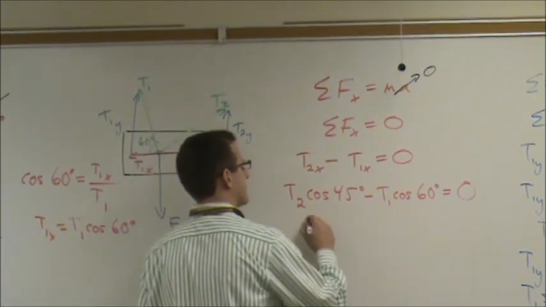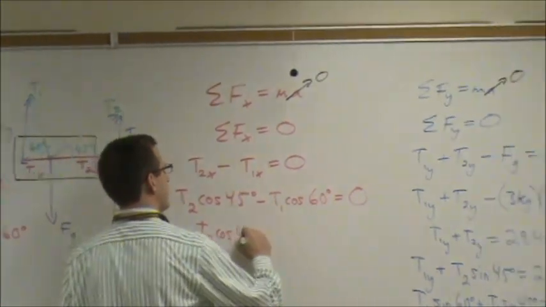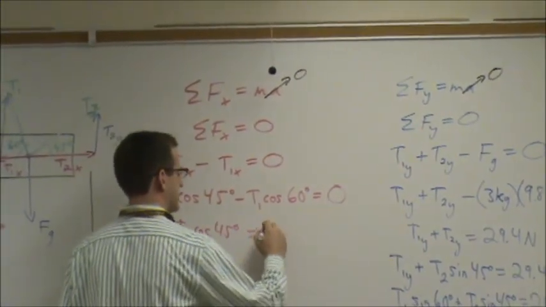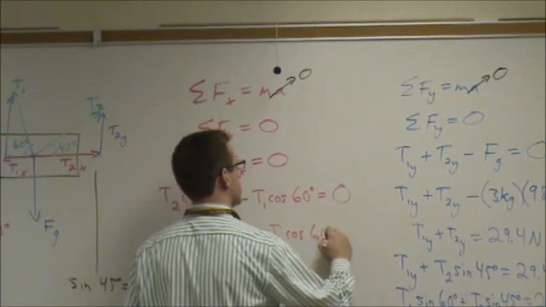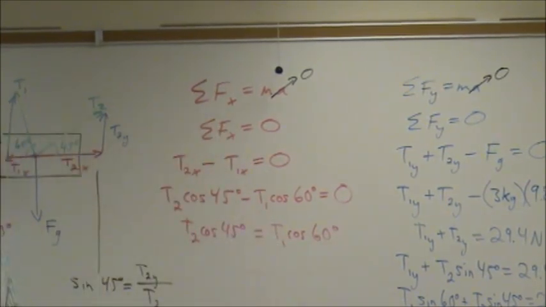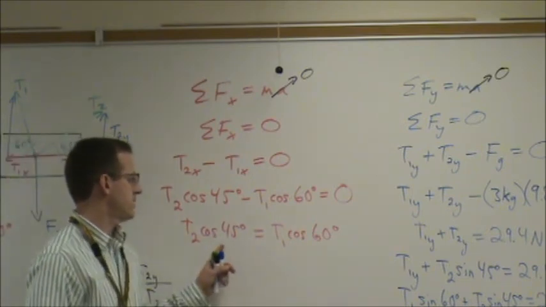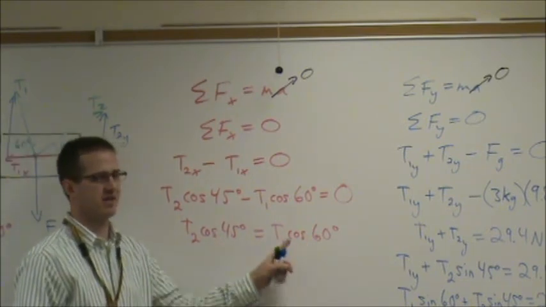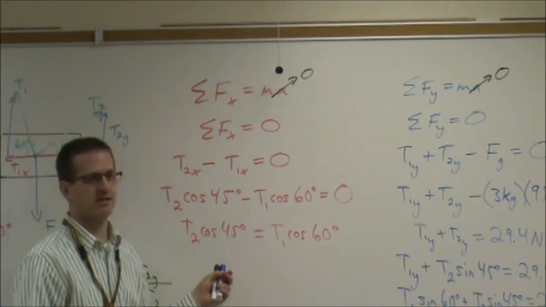First of all, I'd simplify this a little bit and move the cosine 60 to the other side. Like that. And then you need to remember that cosine 45 and cosine 60, those are just numbers. That's all this is.